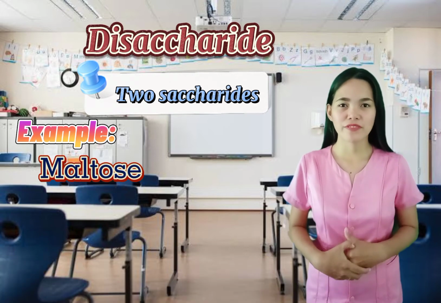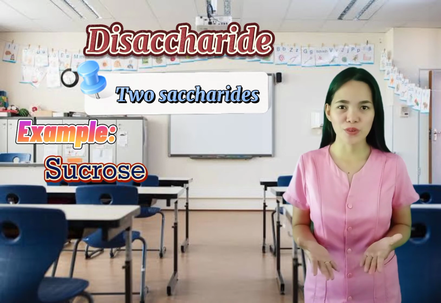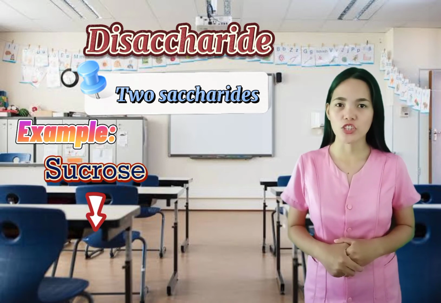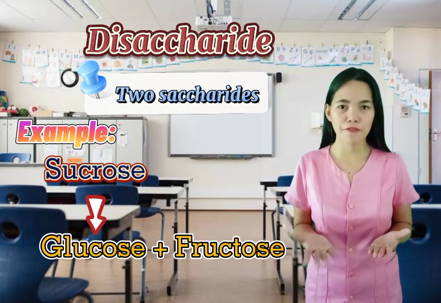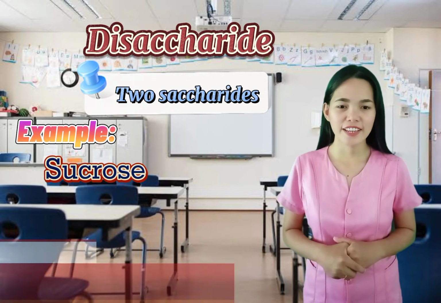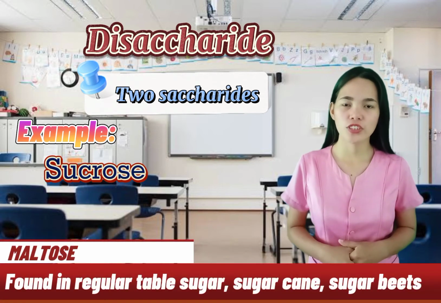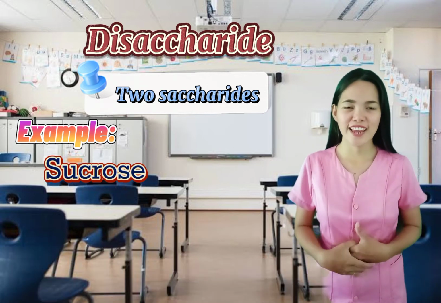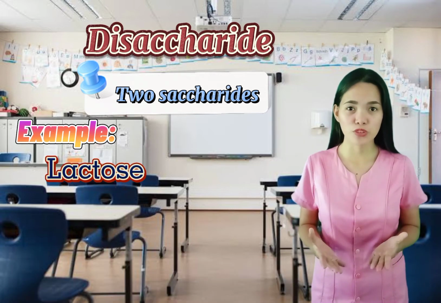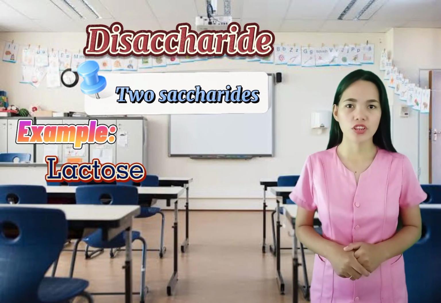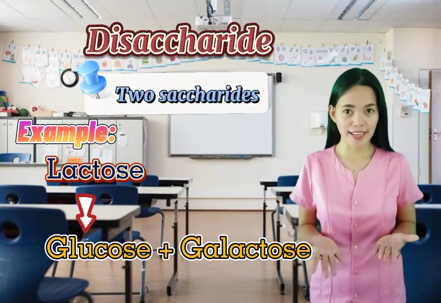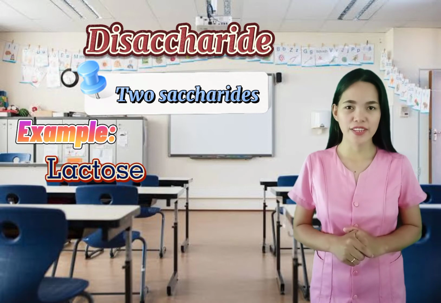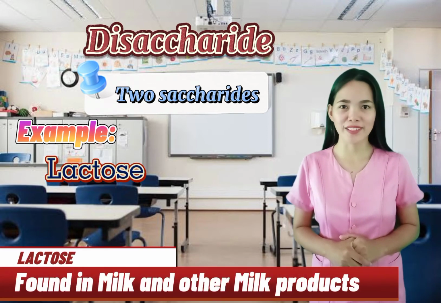Now, the second type of disaccharide is the sucrose, which is a combination of a glucose and a fructose, and these are found in regular table sugar, the sugarcane and sugar beet. And the third type of disaccharide is the lactose, which is a combination of a glucose and a galactose, and these are found in milk and any other milk products.